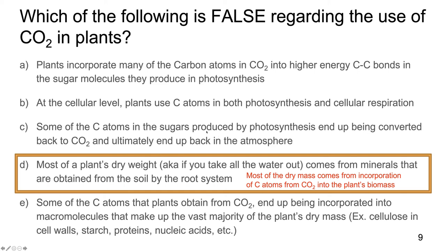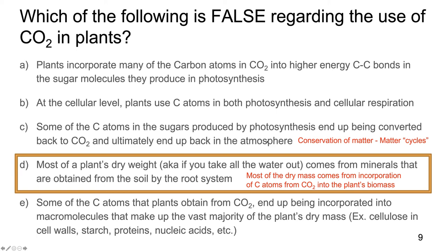Another point I want to drive home from these choices, all the rest of which are true, is that some of the carbon atoms in the sugars produced by photosynthesis end up being converted back to CO2. Carbon atoms that are taken from the atmosphere and turned into sugars go through cellular respiration and ultimately get turned back to CO2 and can end up back in the atmosphere.